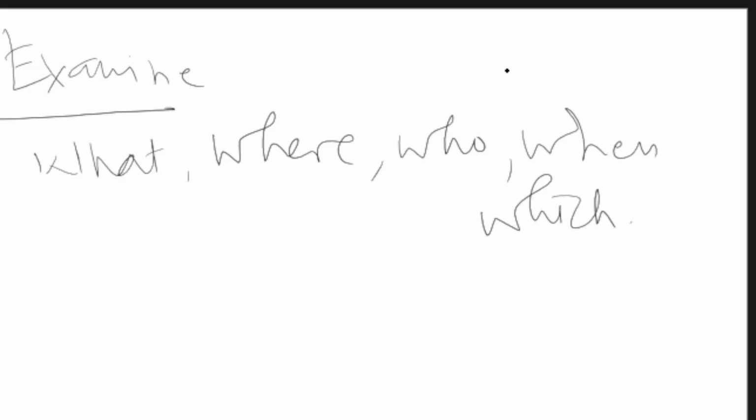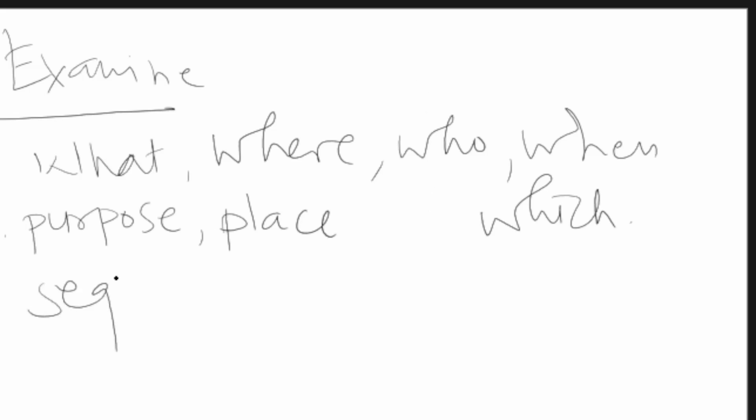Now, why these questions are asked? To ask the purpose, to eliminate the activity if it is possible. Place, to combine or rearrange the activities. So first is purpose, next is place. After that, there is sequence, to combine or rearrange the activities.